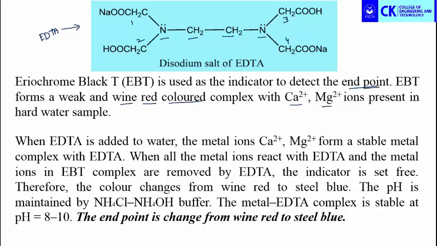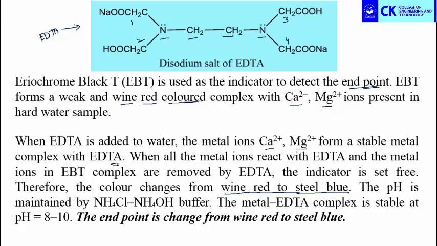After that, if we add the EDTA to the wine red colored solution, the metal ions calcium 2+ and magnesium 2+ form a stable metal complex with EDTA, so that the EBT indicator gets free from the solution. Once it is entirely freed, it will exhibit its own color, steel blue. Now the endpoint appears as the color change from wine red to steel blue. It states the completion of the reaction.